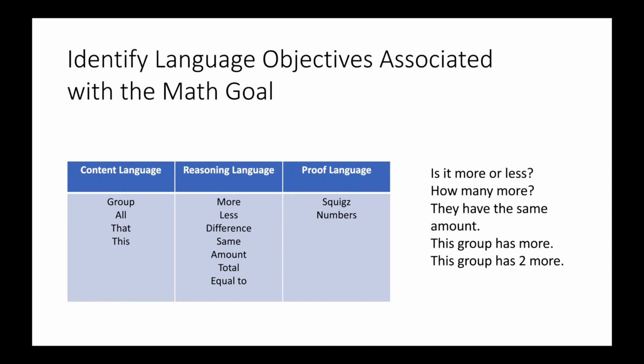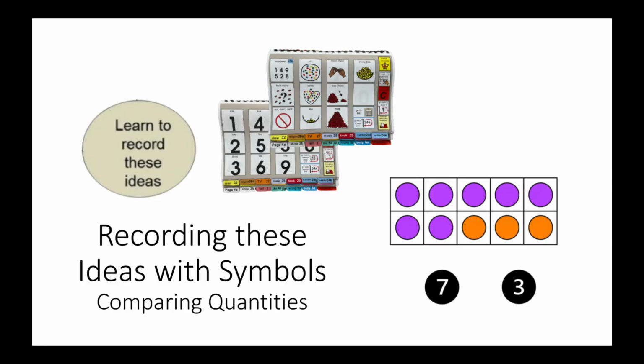So you might be saying that one group has 2 more, using numbers, or saying it has 2 more Squigs, that kind of language. So you can use a table like this to really plan out and be intentional about what words you're going to model. Keep yourself accountable to, okay, what words are we teaching associated with this math content goal? And just figure that out and then roll with that.